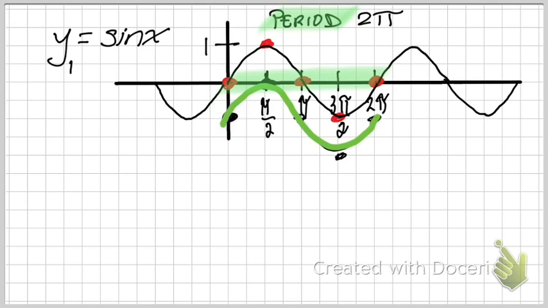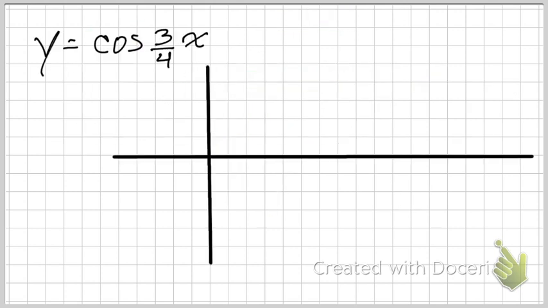When we get this change here, when we get this 3/4, that changes the period. And here's how it changes it. First of all, let me say something that I could have said earlier: the general form of these functions is y equals a cosine b times x. So we are only going to be looking at functions where a changes or b changes.